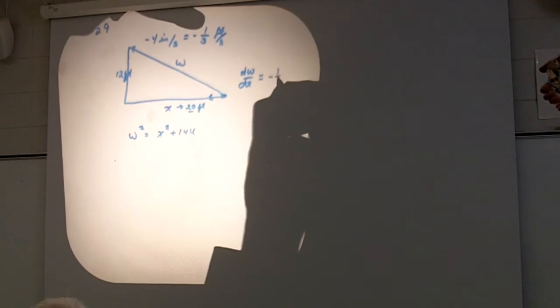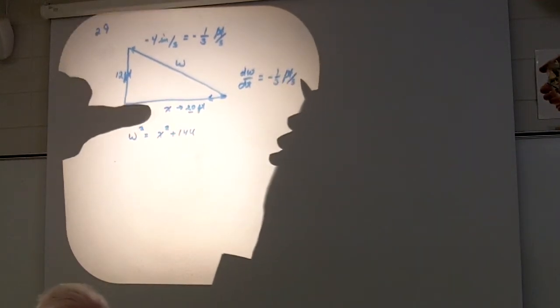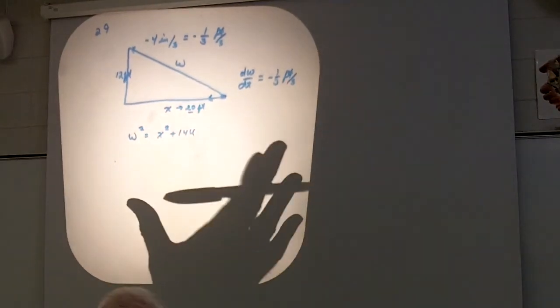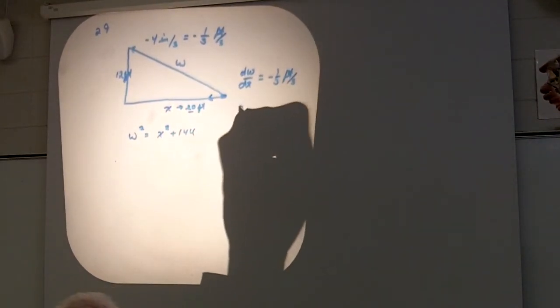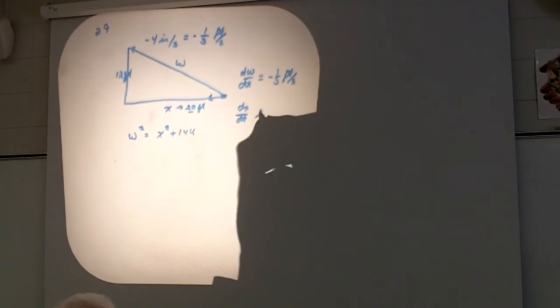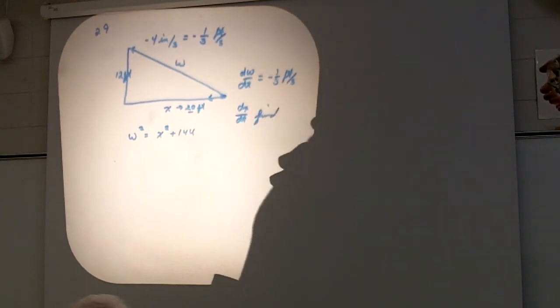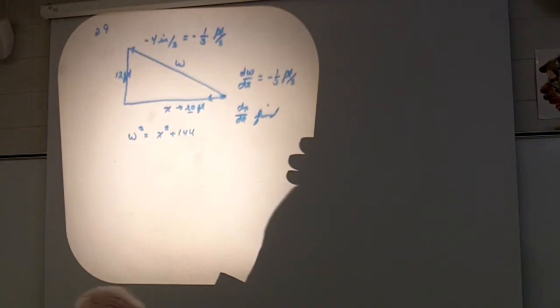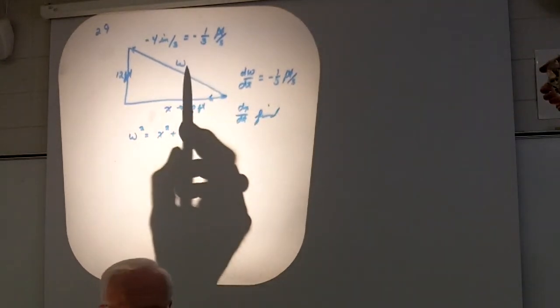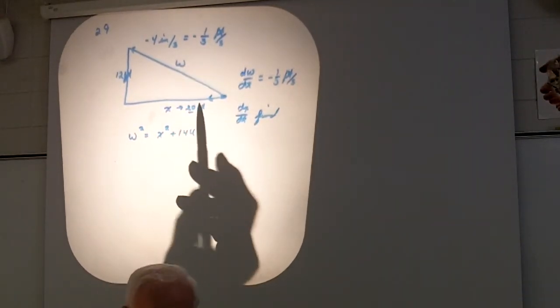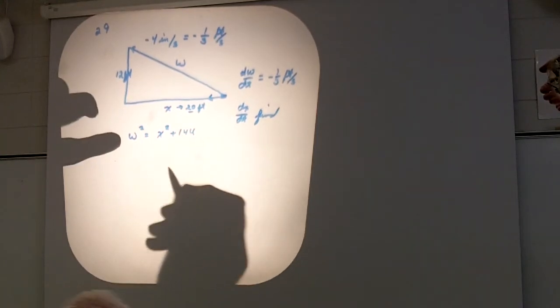That's going to be equal to negative 1/3 feet per second. And this is what I want to find, dx/dt. I'm ready to roll. I'm going to want to know how long W is when this is 20. I'll figure that out in a moment.